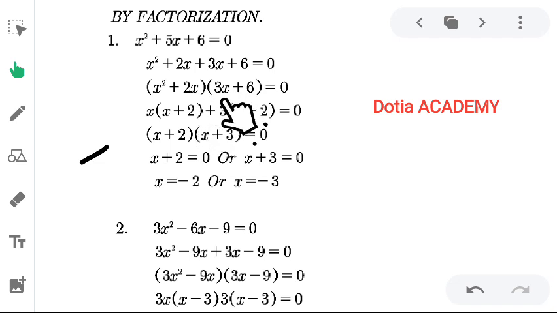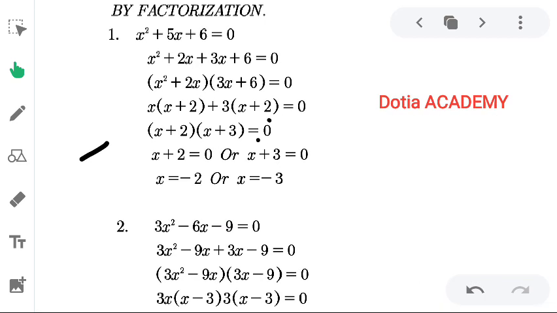Here, 3 is a factor of 6. 3 goes into 6 how many times? 2 times. When you move 3 out, you are left with x plus 2, closed in the bracket. Here you have x plus 2, x plus 2. x plus 2 is common to both sides. When you factorize x plus 2 out, you are left with x plus 3, everything equal to 0.